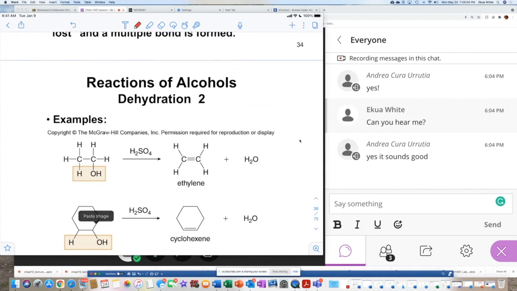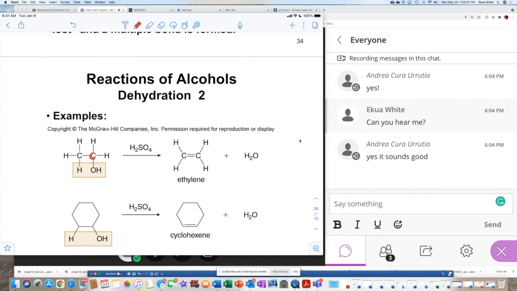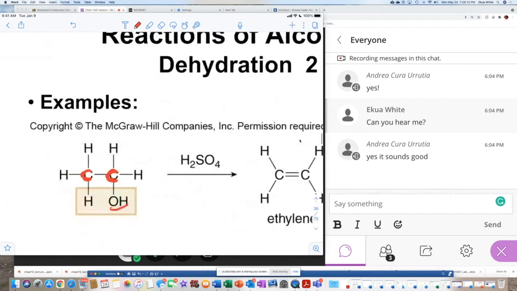So here's the rules. The alcoholic carbon has to be attached to another carbon that has a hydrogen, or else this reaction will not happen. So that this OH has a partner to rendezvous with and leave with together as they form water. Then in the end, the alcoholic carbon now needs emotional support. Well, I guess support.